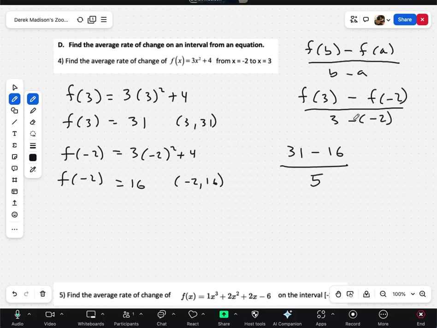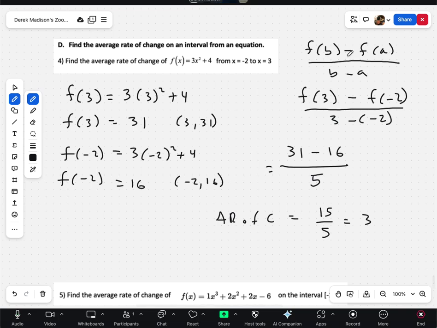I'll go ahead and call that 5 right now. And then that means our average rate of change, 31 minus 16 would be 15 over 5. So our average rate of change is 3.